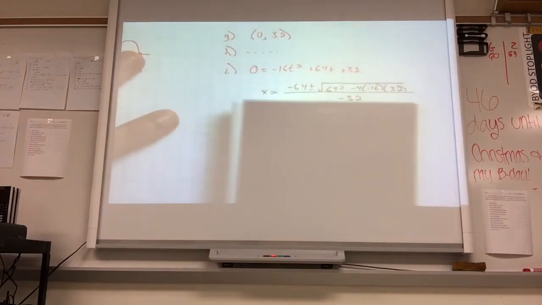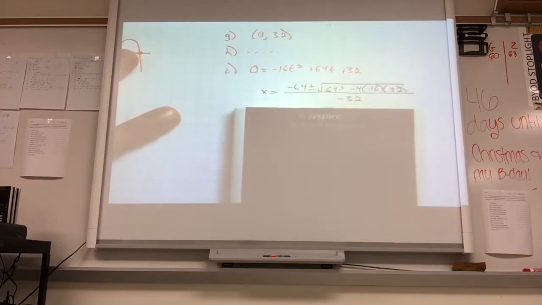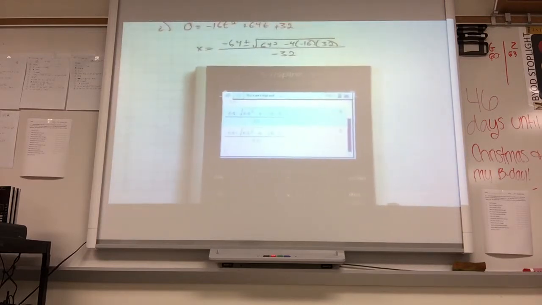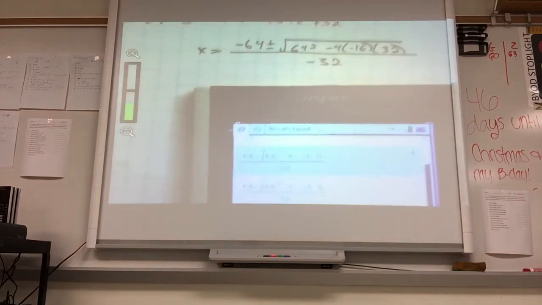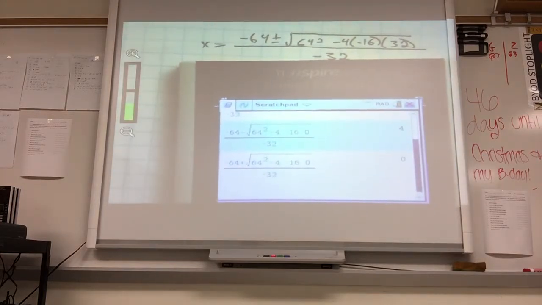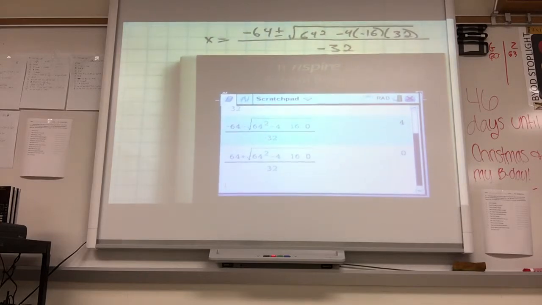Okay? So anyway, as I discovered earlier today, you guys are really struggling with doing this algebraically. So, just plug the whole thing into the calculator. Let's just go ahead and remember, start off with that fraction, because the quadratic equation is just a big fraction. So I'm going to do negative 64. Let's just do the plus.